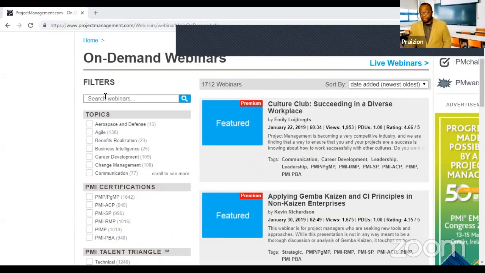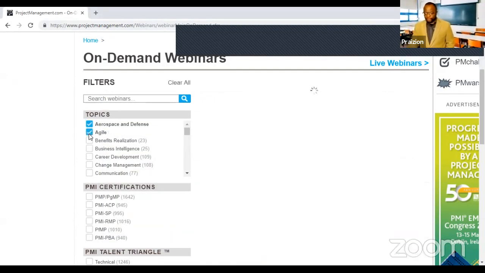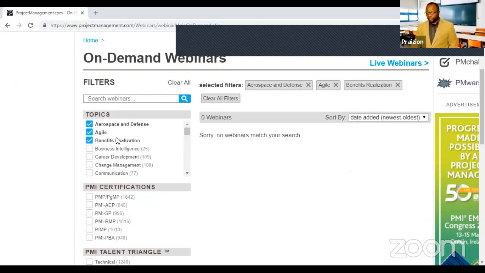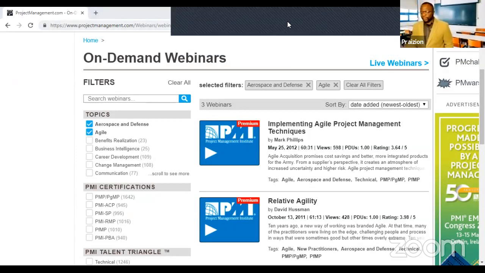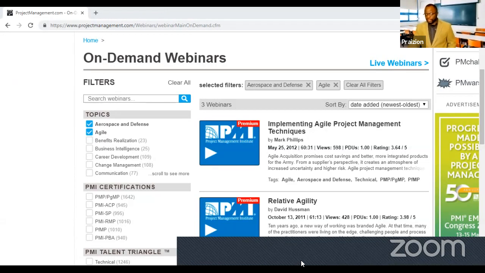Okay, so right there, there are some categories, and if you select the categories, it will make visible those that are relevant to whatever you've selected. See that? So that would be a sensible way, in my opinion, instead of forking out tons and tons of money, just become a member of the PMI after you get certified, and these will be available to you. You'll be able to watch them. You'll be able to get PDUs for attending these sessions.